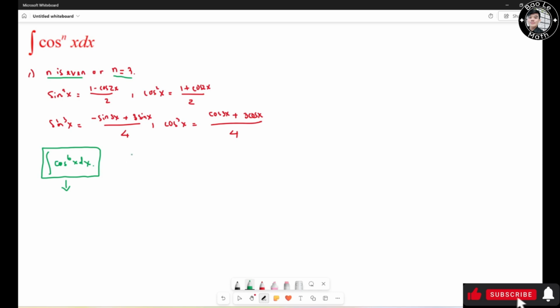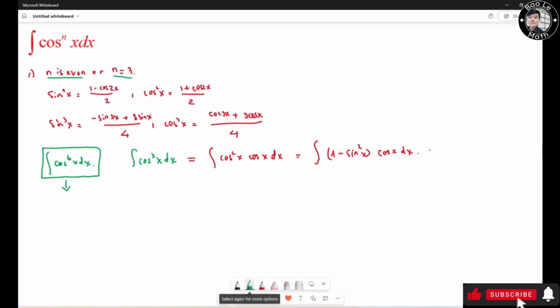So basically we need to calculate the antiderivative of cosine cube of x dx. Now this one can be written as the integral of cosine square of x times cosine of x dx, right? So cosine square of x, I just break it down into 1 minus sine square of x, times cosine x dx.